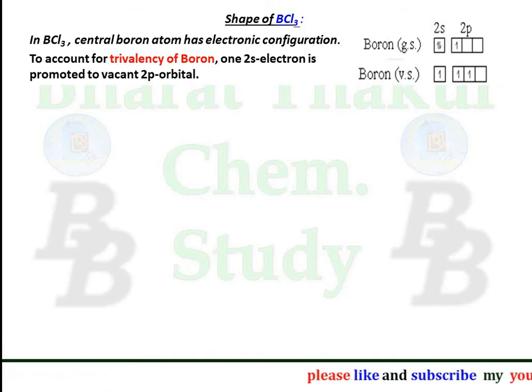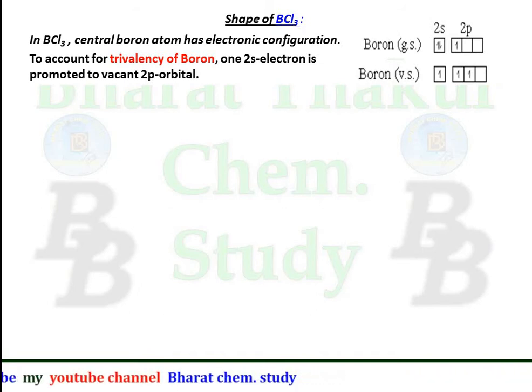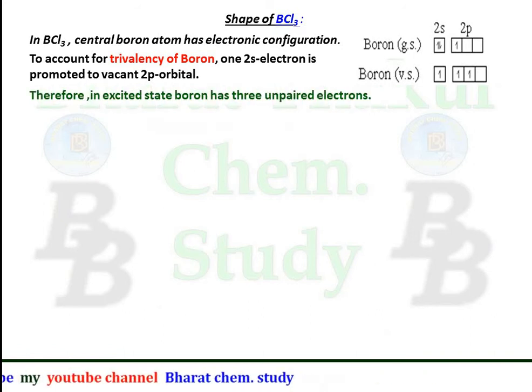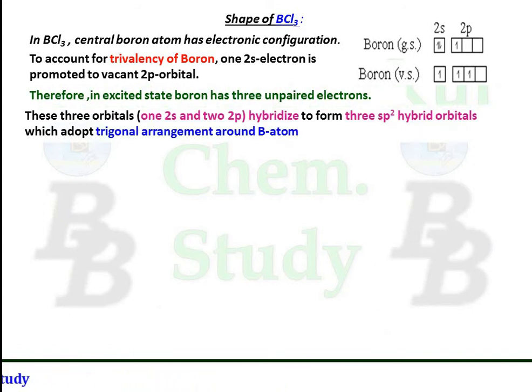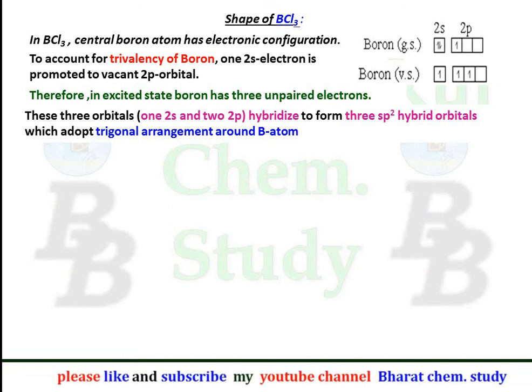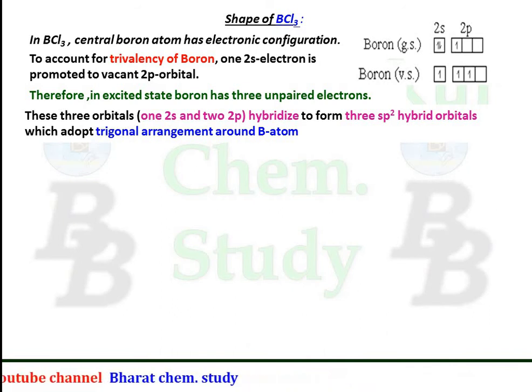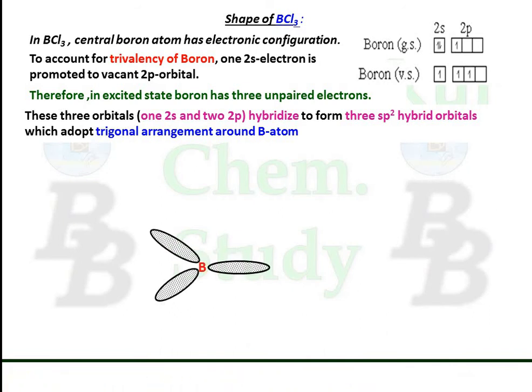And we have already calculated roughly that the hybridization in BCl3 will be sp2. So we will write here that during the formation of BCl3, one 2s and two 2p orbitals get hybridized to form 3 sp2 hybrid orbitals, which adopt a triangular arrangement around the boron atom like this.